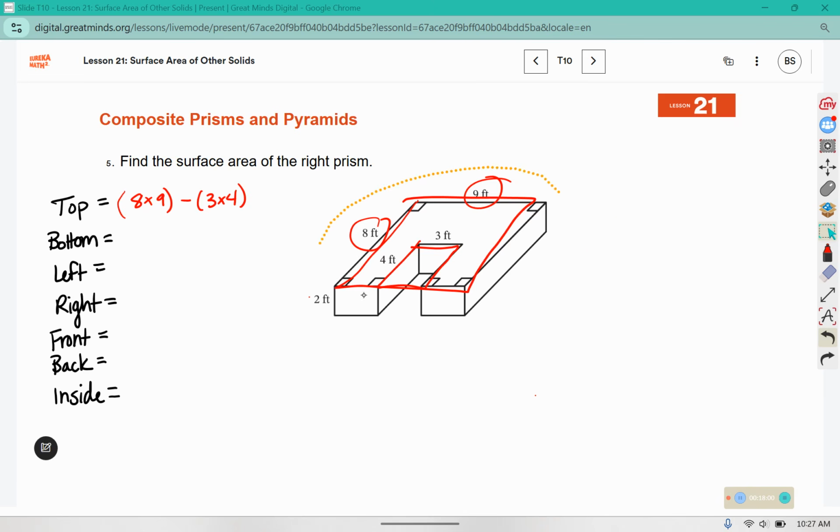The bottom is the exact same shape. So 8 times 9 is 72, and 3 times 4 is 12. So if we subtract those, that gives us an area for the top and bottom that is 60.